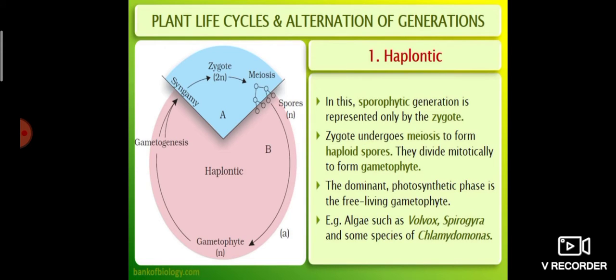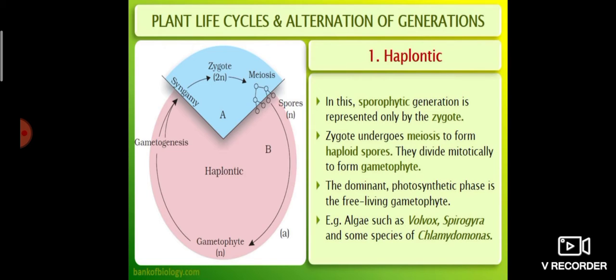In this life cycle, the sporophytic generation is represented only by the zygote, and this zygote undergoes meiosis to form haploid spores, which undergo mitotic division to form gametophyte.